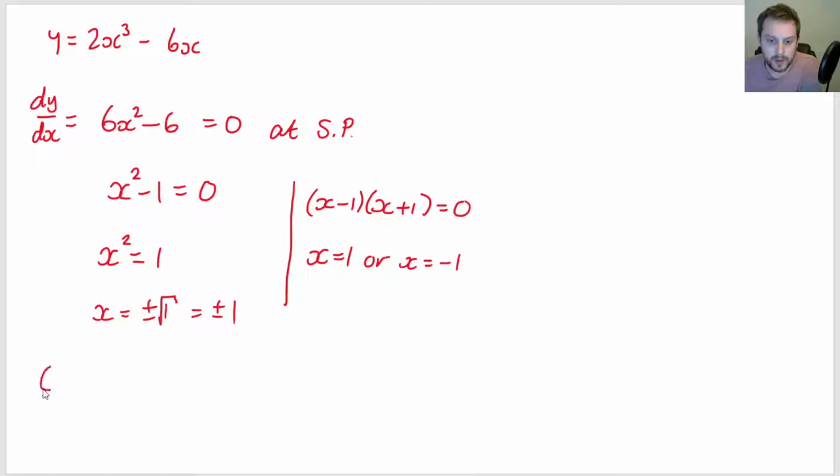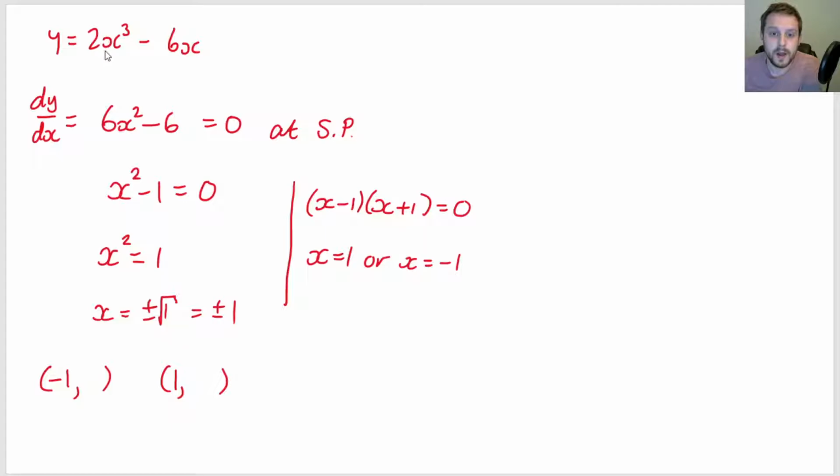So we want minus 1, and we have to work out what the value is at minus 1, and then we have 1, and we have to work out what the value is at 1. Now remember, we're not going to be plugging that back into dy by dx, because if we plug either of these into dy by dx, we're going to get 0. We actually want to know what the actual coordinate is on the graph, so that's given to us by this here.